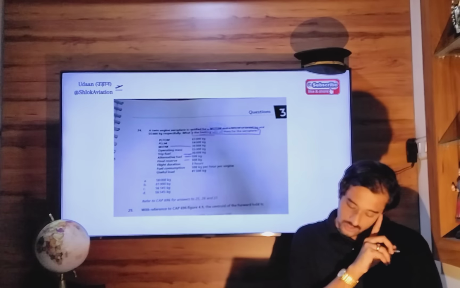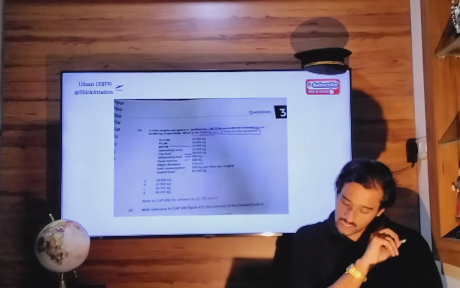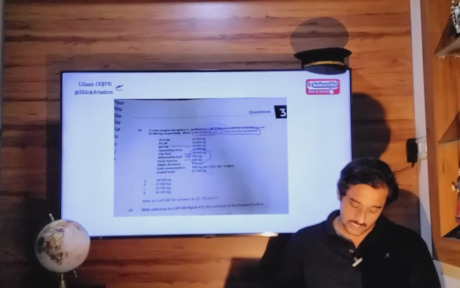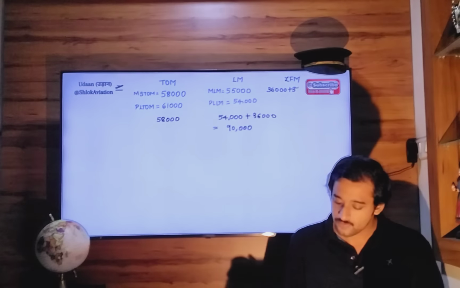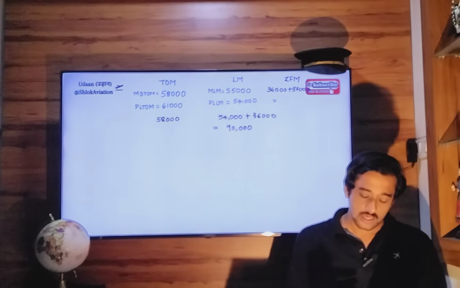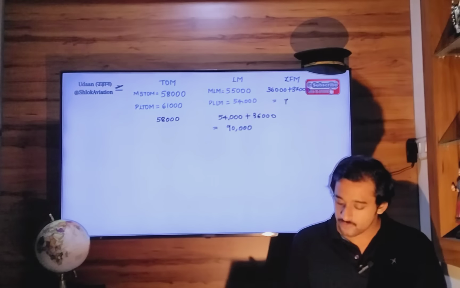Okay, so flight duration is 3 hours. So 36,000 plus 1,000 is 37,000. So 36 plus 37 is 73,000.